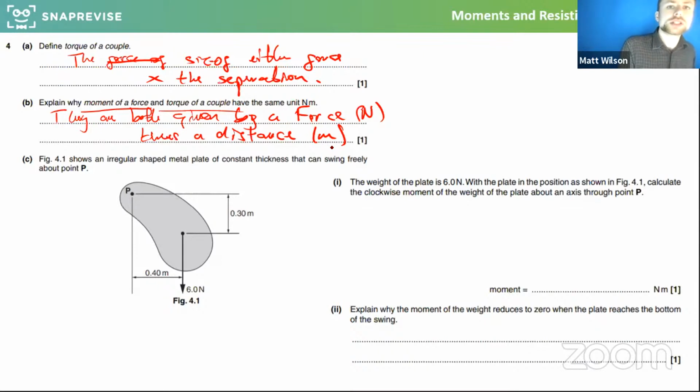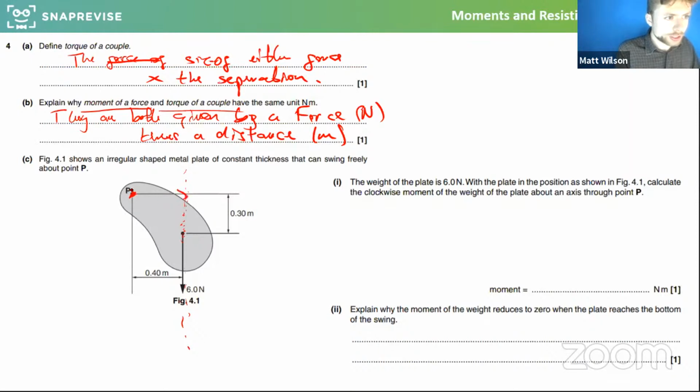Okay, finally, the weight of the plate is 6 newtons. With the plate in the position as shown in figure 4.1, calculate the clockwise moment of the weight of the plate around an axis through point P. It sounds complicated, but we just have to be careful to go back to the original definition of a moment. So we've got this weight, this 6 newtons, and we want to know its moment around point P. So we just need to know the perpendicular distance between the line of action of force and this point.